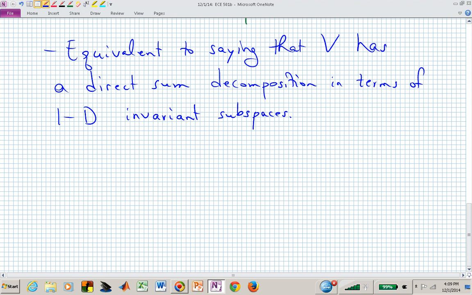It's an invariant subspace, which means we can write or decompose V as, let's say, U sub 1 plus U sub 2 plus U sub n.